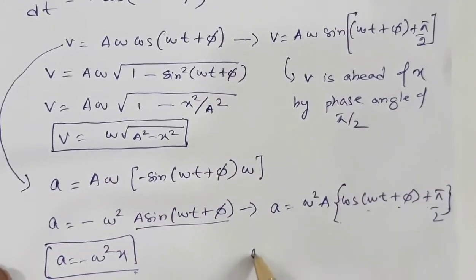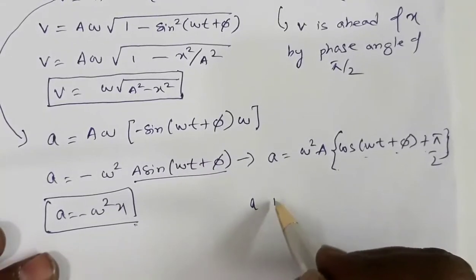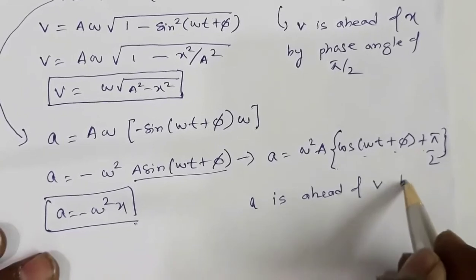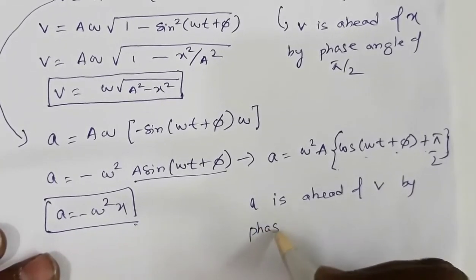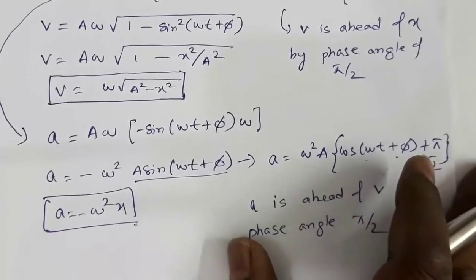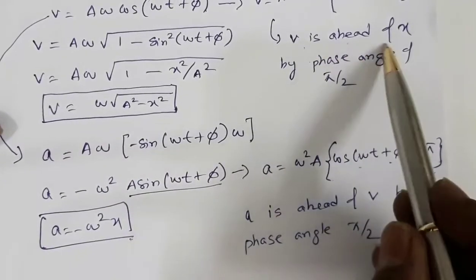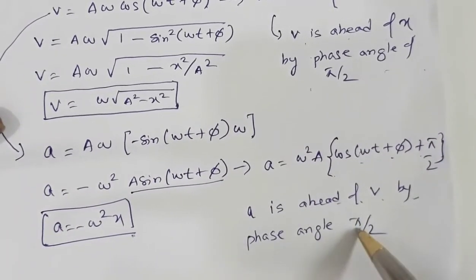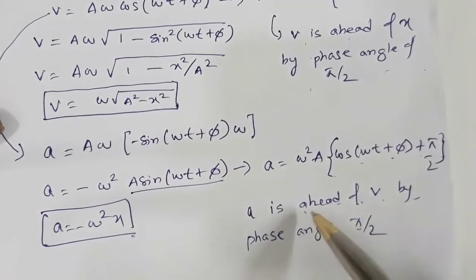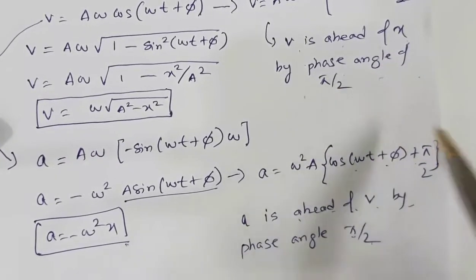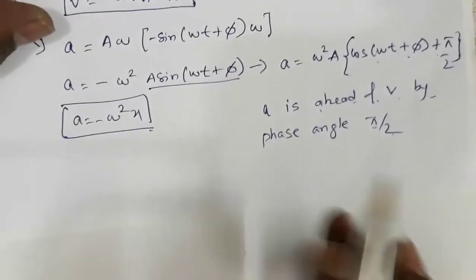That means acceleration a is ahead of velocity by a phase angle of π/2. So velocity is ahead of displacement by π/2, and acceleration is ahead of velocity by π/2. That means acceleration is ahead of displacement by π/2 plus π/2, that is π. So how do we represent this in terms of vectors?